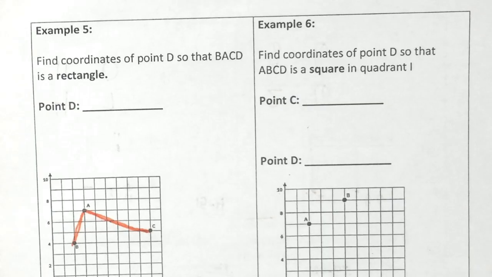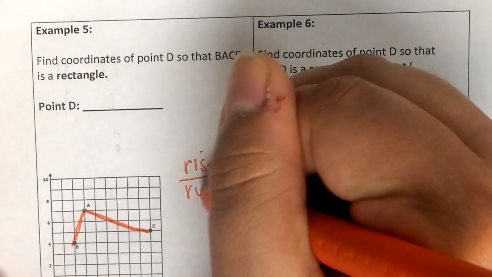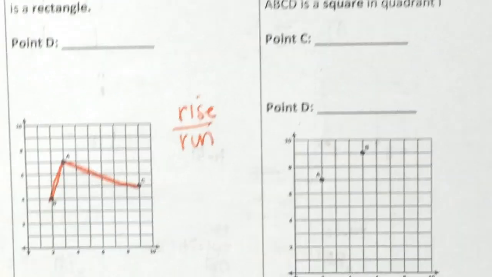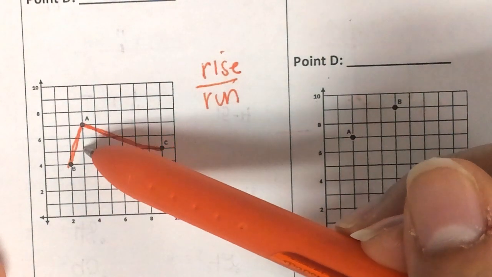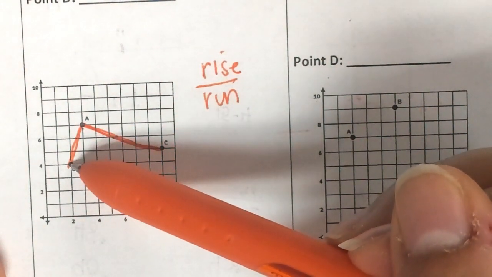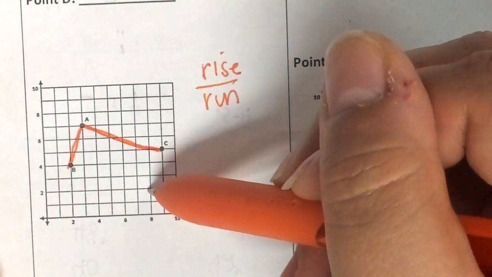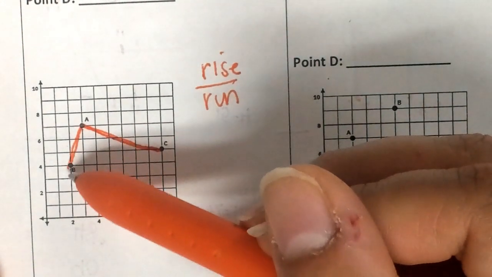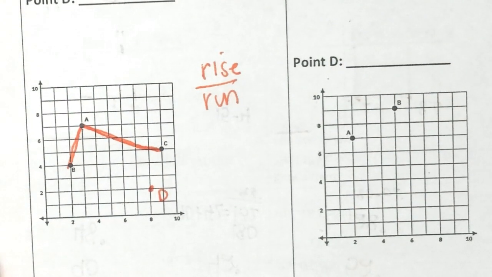How do I get point D for the rectangle? Rise over run. Hey y'all, how do you get from A to B? Down 3. So you're just going to do the same thing. Down 1, 2, 3, left 1. Don't you agree A, B, and C, D are parallel? So they should just have the same slope.